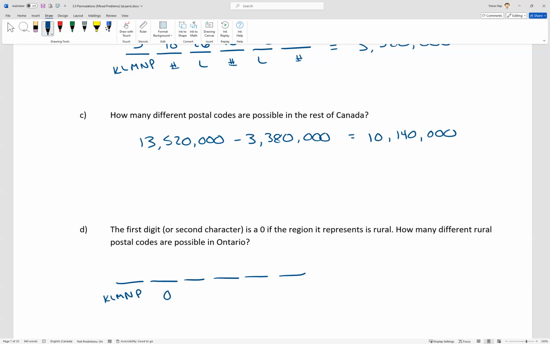There are no restrictions on the remaining characters. So there's 5 choices there, 1 choice there, and then we have letter, number, letter, number. So 26, 10, 26, 10. When I multiply that all together, I think I get 338,000 possible rural postal codes.